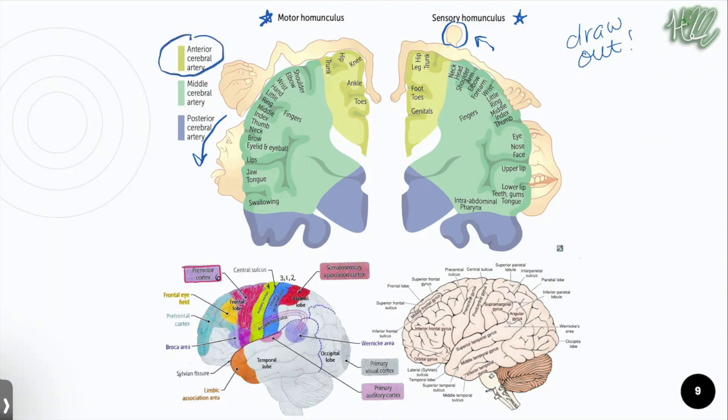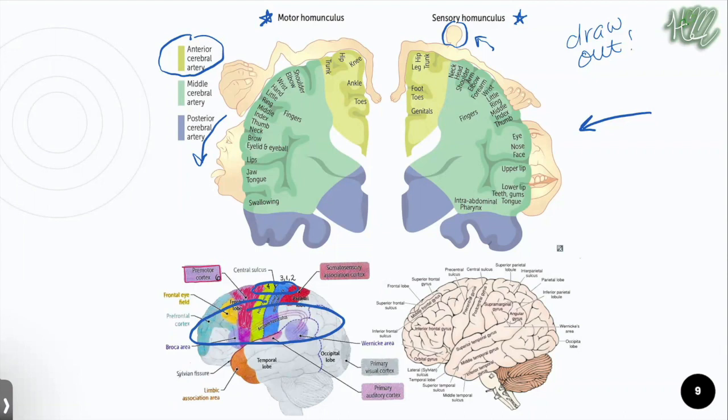And I know that these views are different, right? One of them we're looking at the coronal section, one we're looking at the sagittal section. But I would like to point out that most of that control is happening in the upper portion of our motor cortex here. That's where the anterior cerebral artery is working. Most of this stuff in the middle is the distribution of our middle cerebral artery.